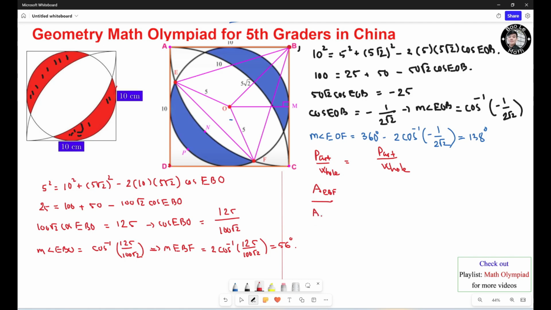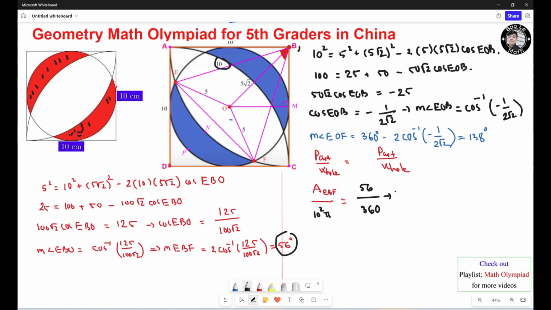So the area of the sector EBF, we got it right here, 56, so it can be 56 divided by the whole thing right here, which means 360. The area of the circle B is going to be pi r squared. R is going to be 10 right here, so I substitute: 10 squared times pi.